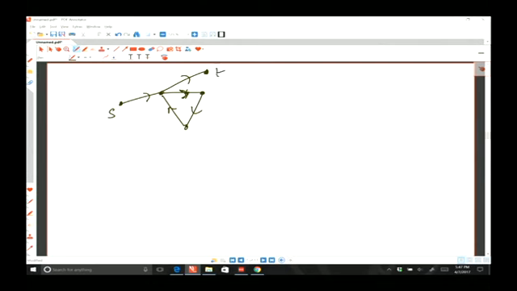If I ask you, is there a path of length 3 from S to T in this graph? Exactly 3 edges, yes.